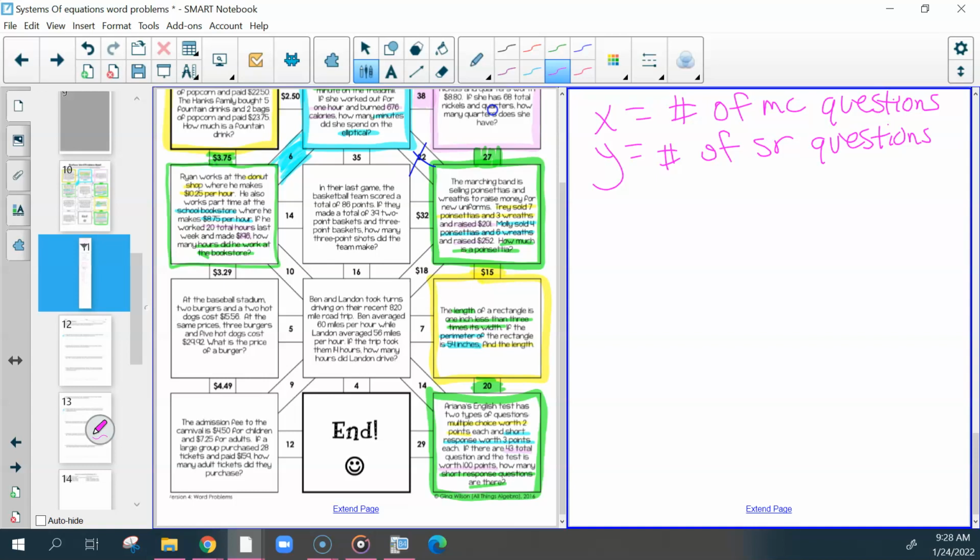Right. With this one, it is going to be set up similarly to these two. Your 43 total questions is going to go with number of questions. And then total points is going to go with the number of points. So how would we set this up?